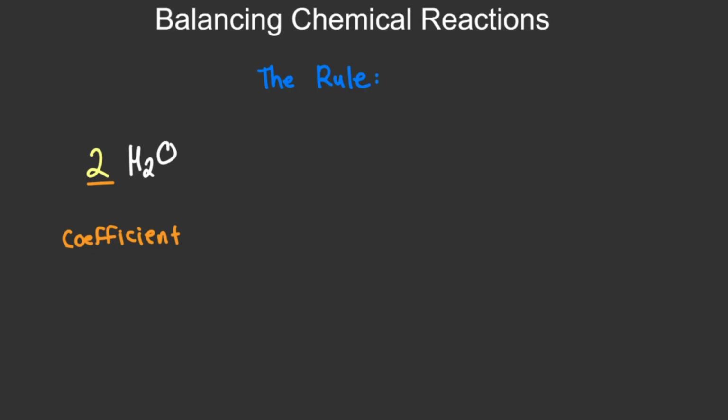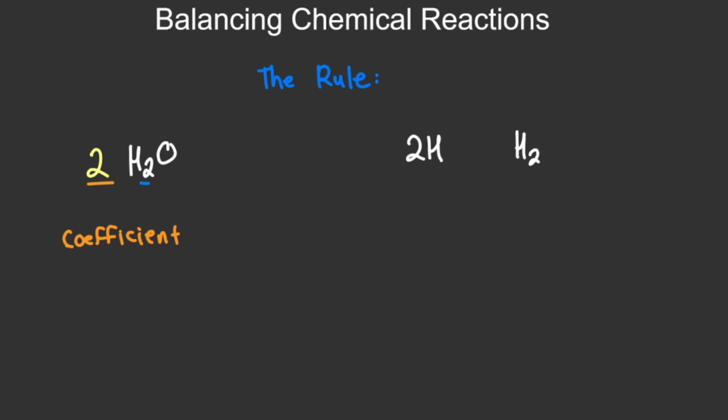We can change the coefficient, okay? But we cannot change the subscript. Now, the subscript in this case is the little 2 beside the H. So, just to refresh your memory, this will be a coefficient. This is a subscript. Okay?